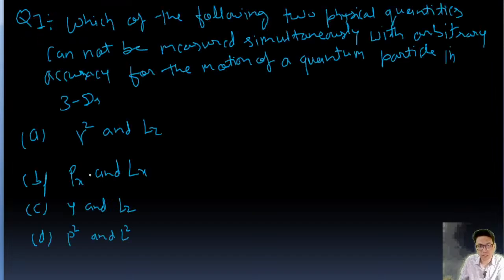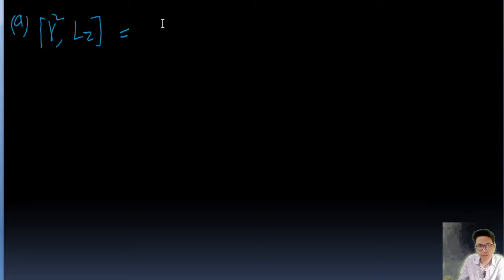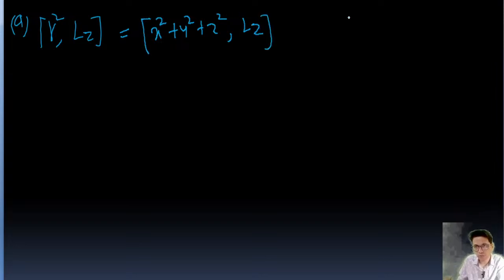Okay, first option is r square and Lz. So we'll check the commutation of r square and Lz. r square is x square plus y square plus z square, comma Lz, because we know r is the position coordinates, that's x i cap plus y j cap plus z k cap.